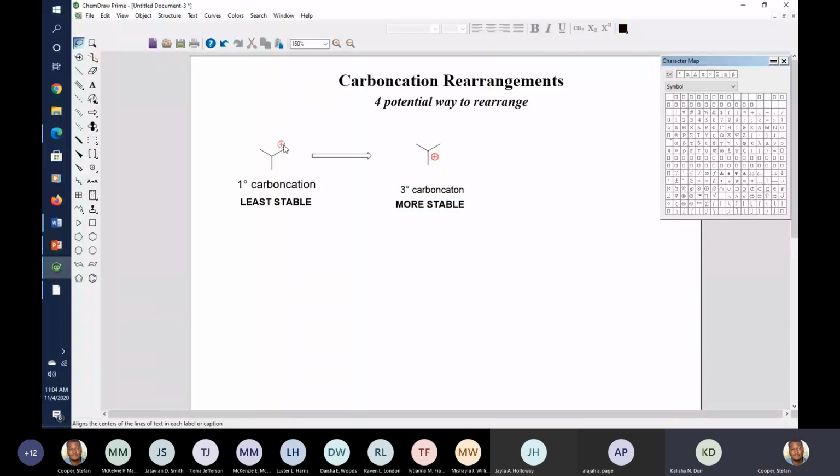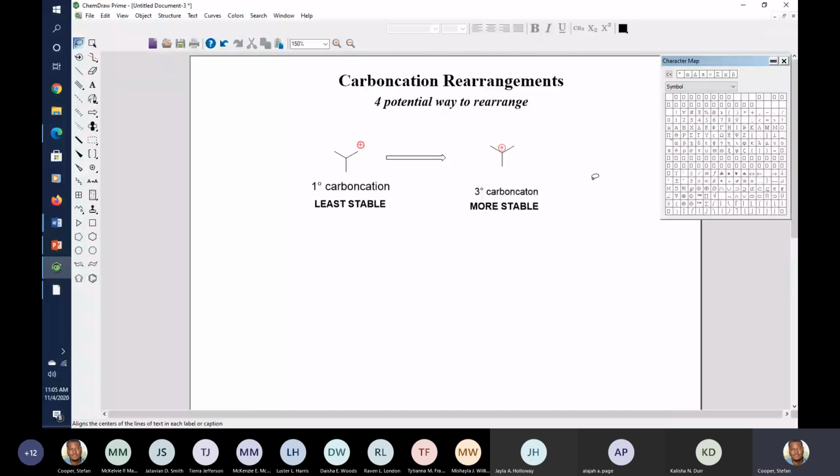That's exactly right. Primary carbocations are not substituted as much. By substituted, I mean they don't have a lot of neighboring carbons, and not having a lot of neighboring carbons destabilizes you because you don't have the stabilizing effects of carbons. Carbons are electron releasing, or electron donating, so they stabilize any species that needs electrons.